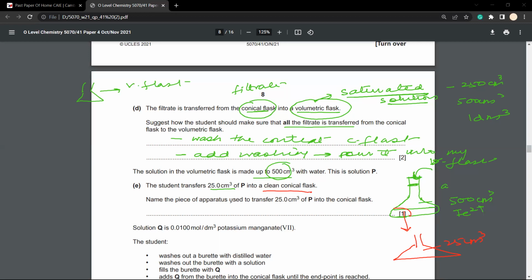Okay. Now name the piece of apparatus used to transfer 25. We know that we have a pipette. The pipette is to transfer any fixed accurate volume of the liquid. So you will be using a pipette, and the precaution, many a time they ask you.